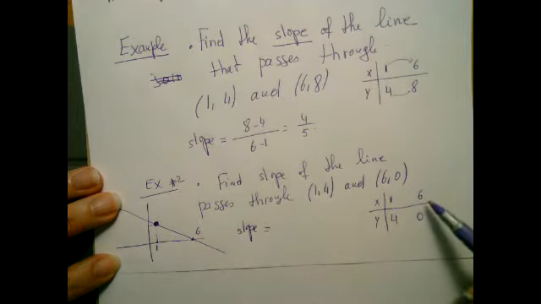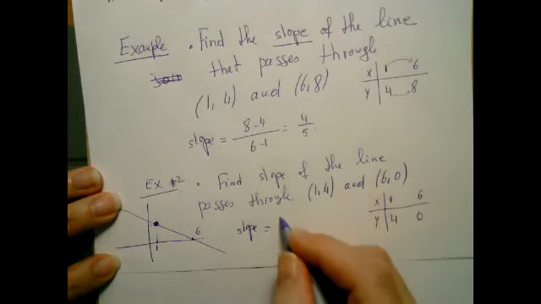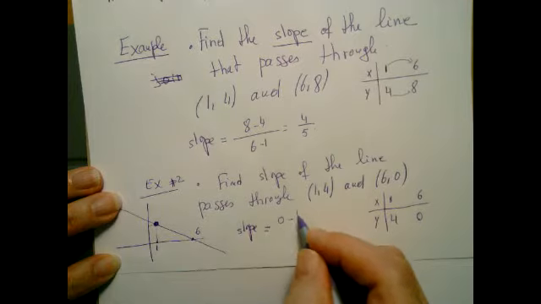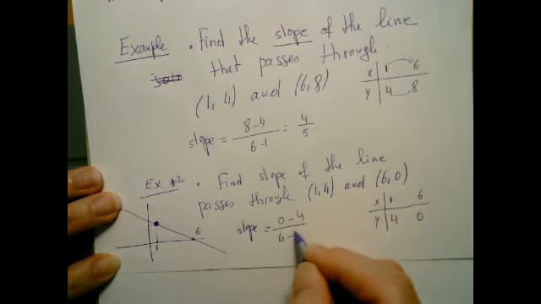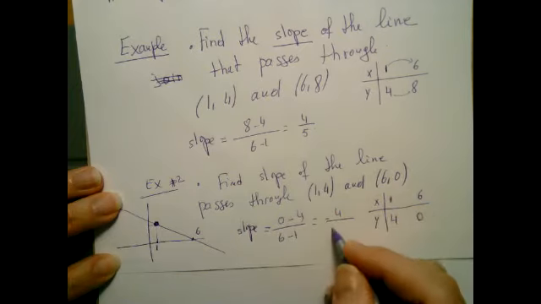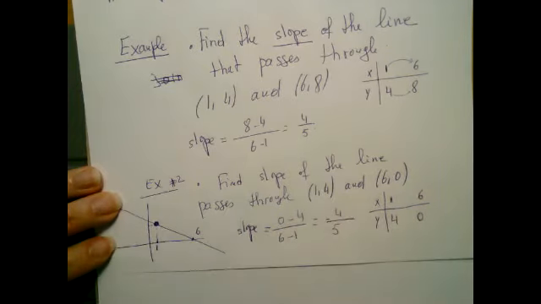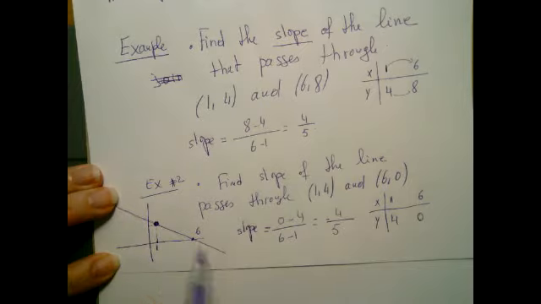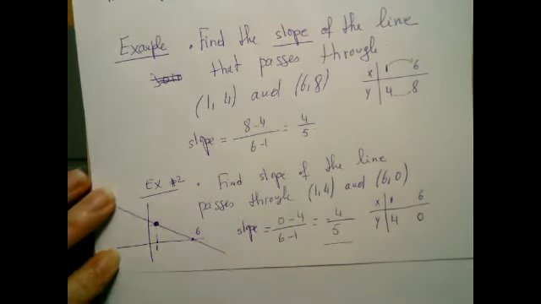It's going to be 0 minus 4 over 6 minus 1, which means minus 4 over 5. Descending slope, definitely this is going down. The slope is going to be a negative answer.